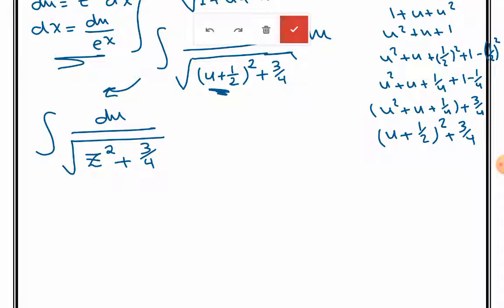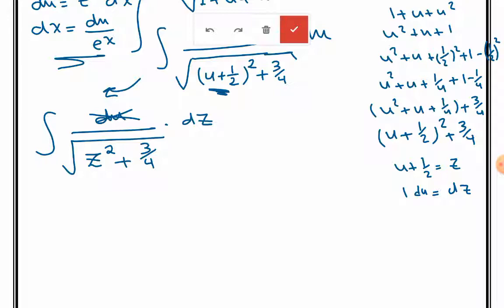It will be z, so when u plus half is z, what's the derivative here to change the u also? So dz equals 1 du, right? And again du is dz, so we can replace the du by dz since they are the same. And then use trigonometric substitutions, which is our lesson.